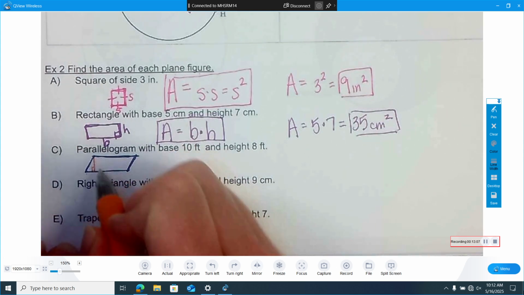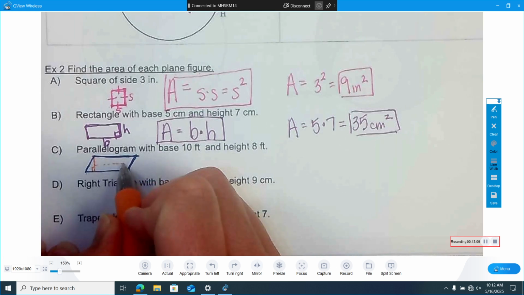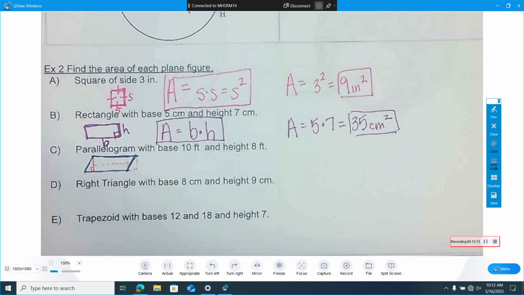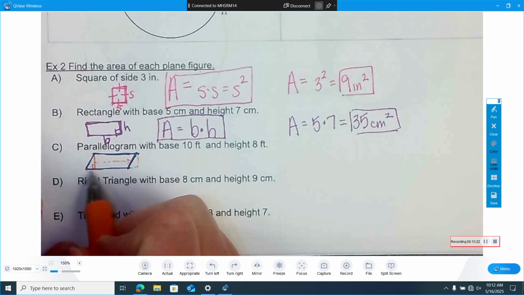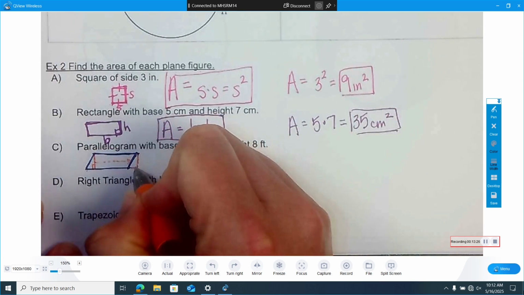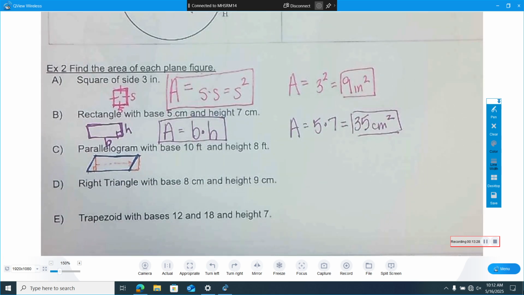And if I take that triangle and push it over to the end, it would fit in right there real nice, wouldn't it? So when I take this little triangle off and slide it over to the end, it's a rectangle. We turned a parallelogram into a rectangle.